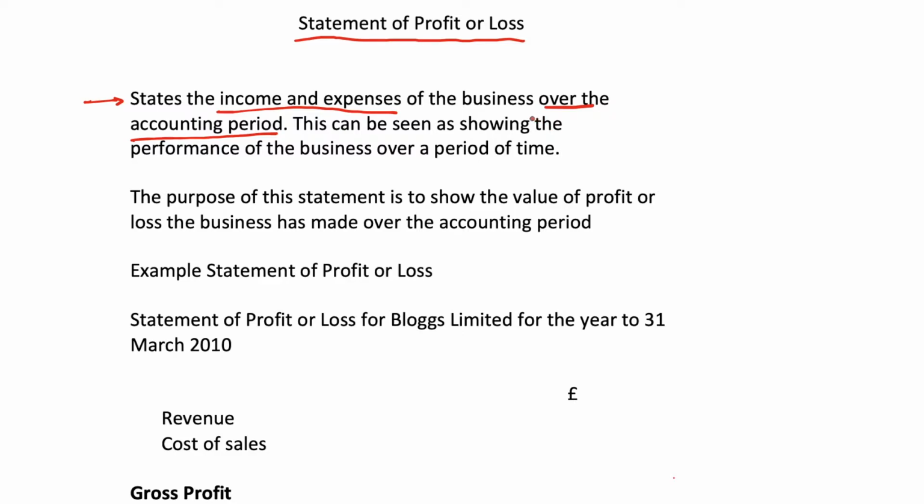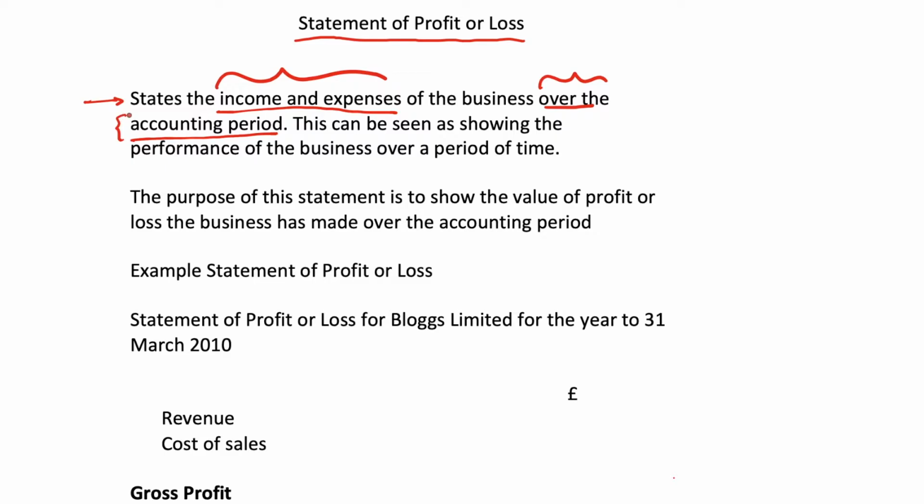So I have underlined the key things we had here, similarly to the previous video. We are looking at the income and expenses, and we're looking at a period of time. Other financial statements will be a snapshot. They will tell us what the business owns and what it owes at one moment in time, whereas for the statement of profit or loss, we're looking at an accounting period.